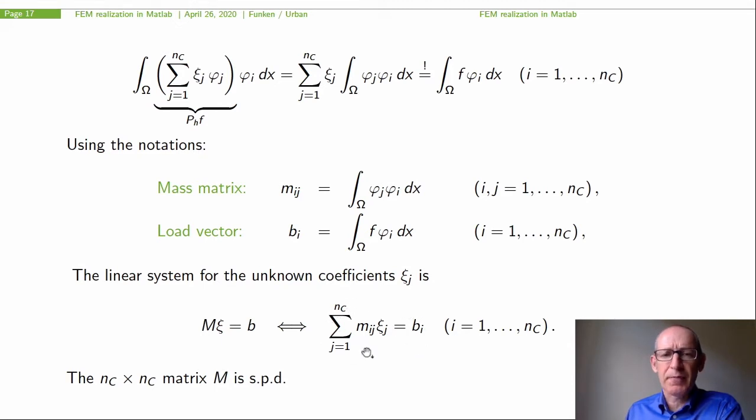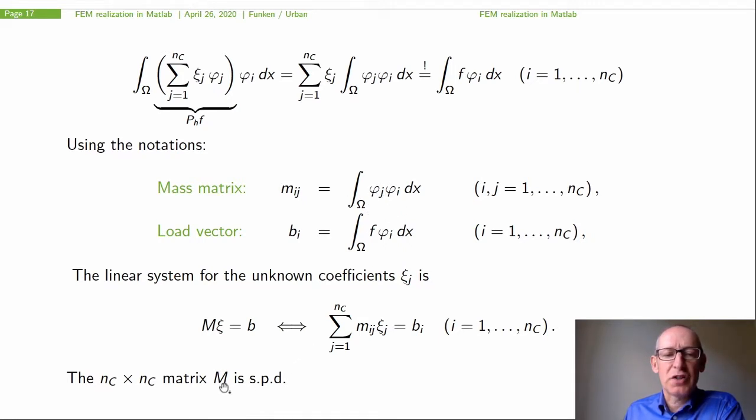It's the same. And of course, this is just a simple way of writing it, or it can be simplified into this matrix equation. The matrix M itself, as you see from the coefficients, is symmetric. You can interchange phi j and phi i in the integral, it makes no difference.